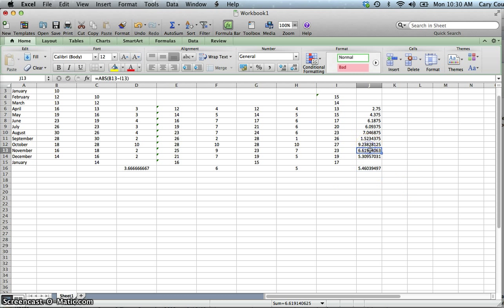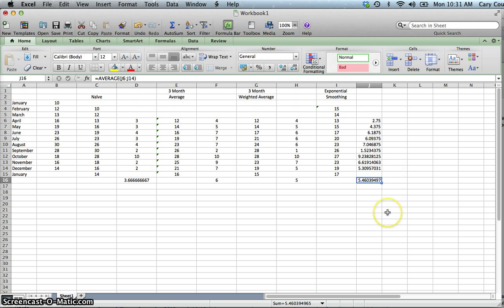Let's double check to make sure that these are doing it correctly. We absoluted the difference between this one and this one. This would have given us a negative number, 16 minus 23, but we changed it into a positive because we absoluted it. Out of these 4 techniques, the best one, and the simplest and cheapest one, is to use the naive forecast.